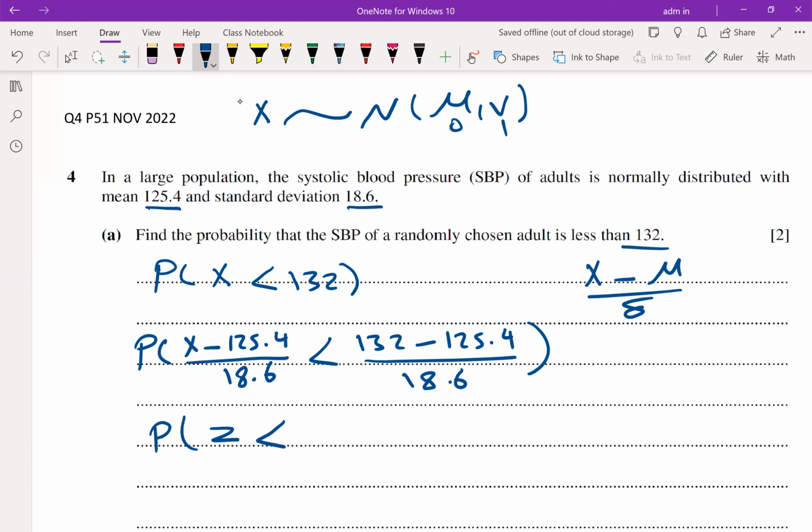So the answer, 132 minus 125.4 divided by 18.6, will be 0.3548. So to 3 significant figures it will be 0.355.